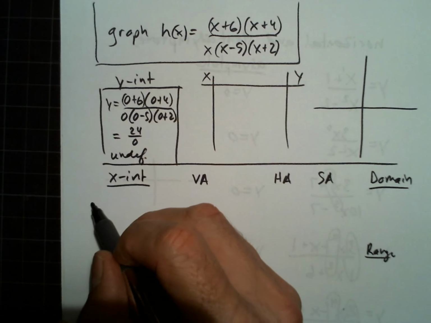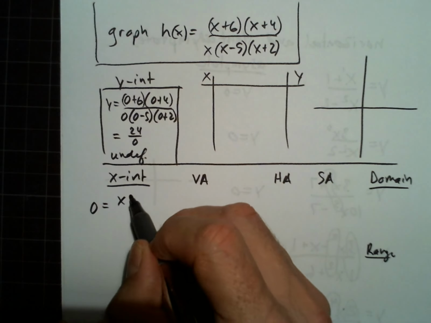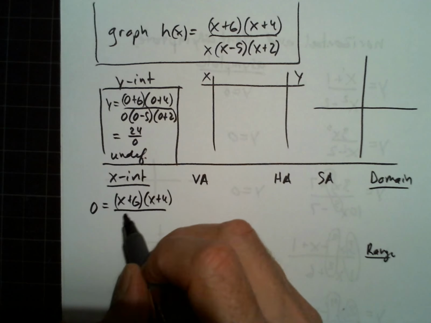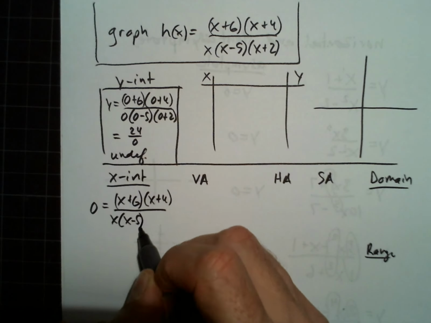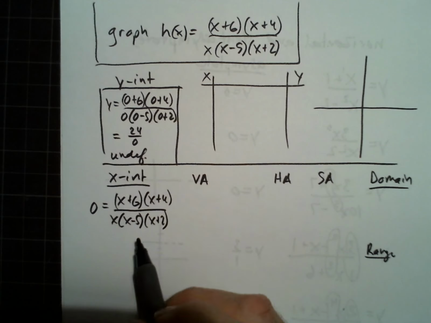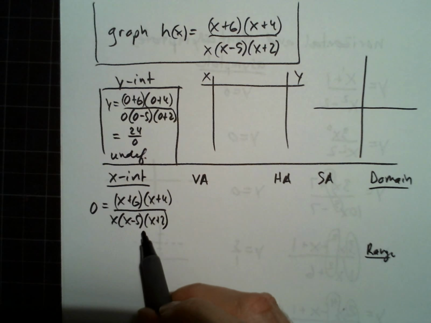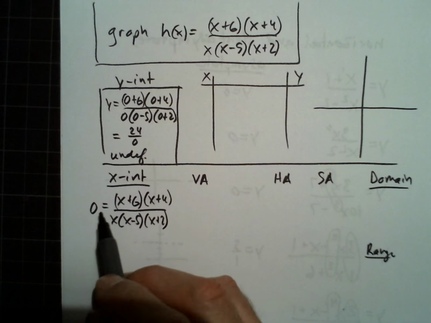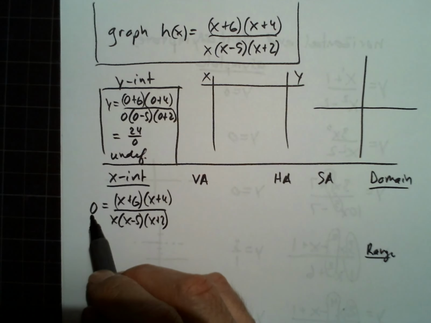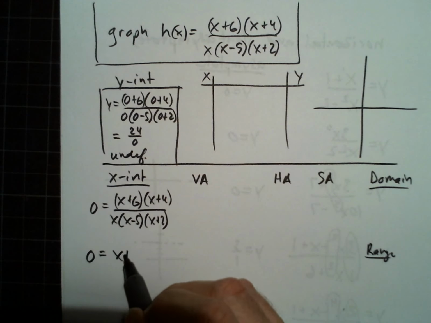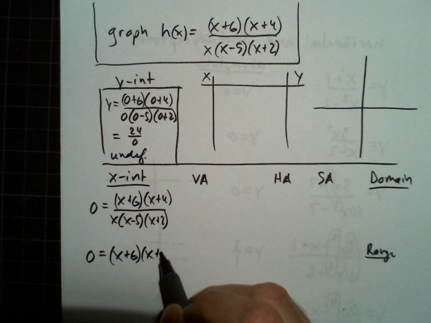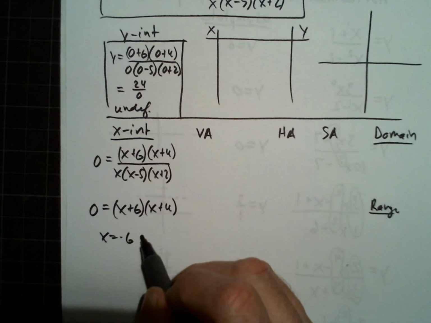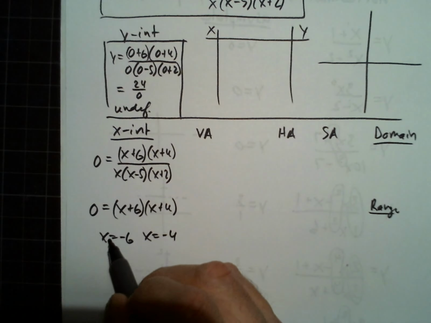That's when y equals 0. Let's multiply both sides by the denominator. If we multiply this side by the denominator, it'll cancel. We multiply this side times anything, and it's still 0. And then we get negative 6 and negative 4.